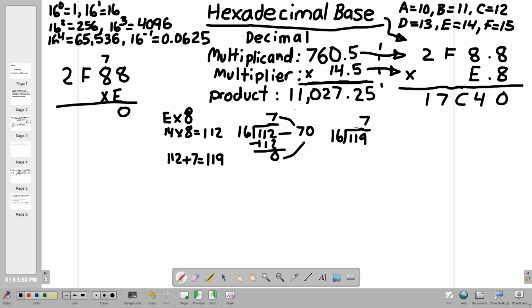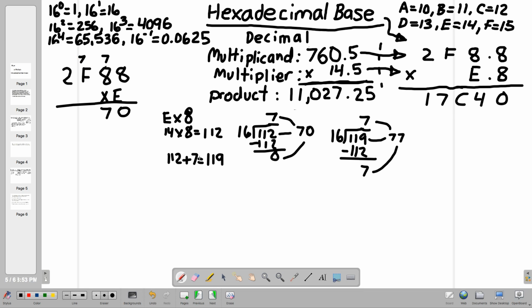And 16 times 7 is 112, so we're subtracting 112 from 119. That leaves 7. So what this says is that the decimal value 119 is represented in hexadecimal as 77. So 7 goes here, and then the 7 is carried over.